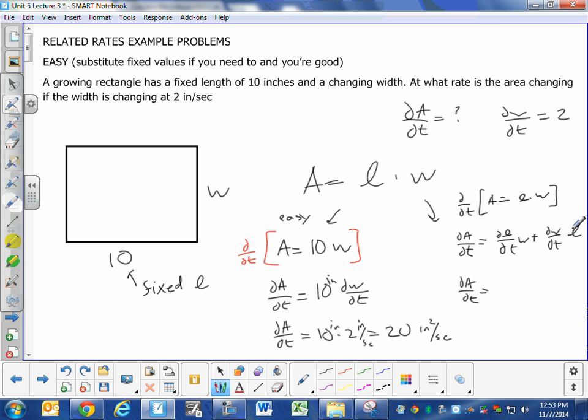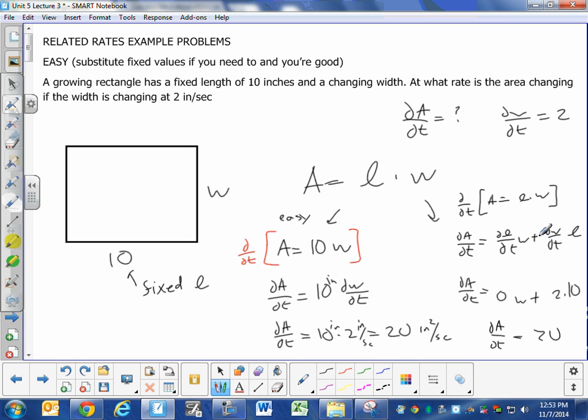I know that my length is 10. I know that my width is 2, or the change in my width is 2. But I don't know what my width is at this specific moment, so I'm kind of stuck with just a W. However, the change in my length with respect to time is what? 0, because it's fixed. So they plug in the 0 there, and that's the other way you can find that dA/dt is 20.